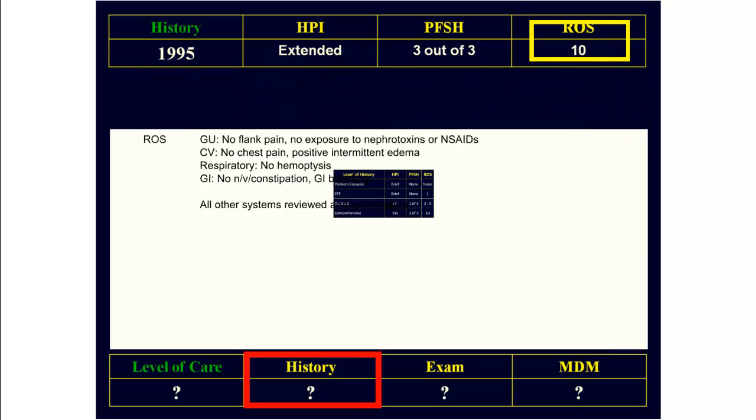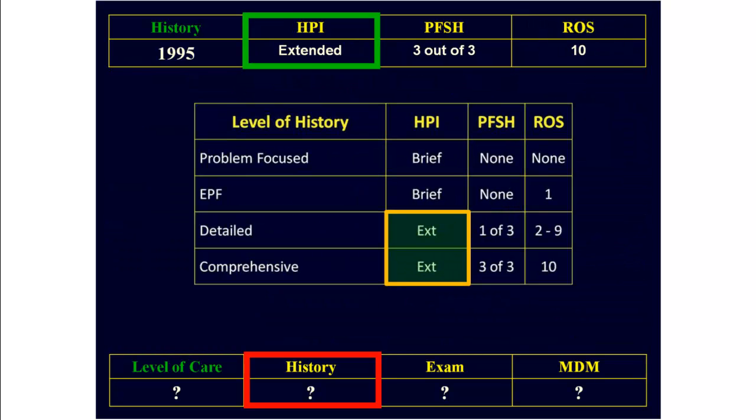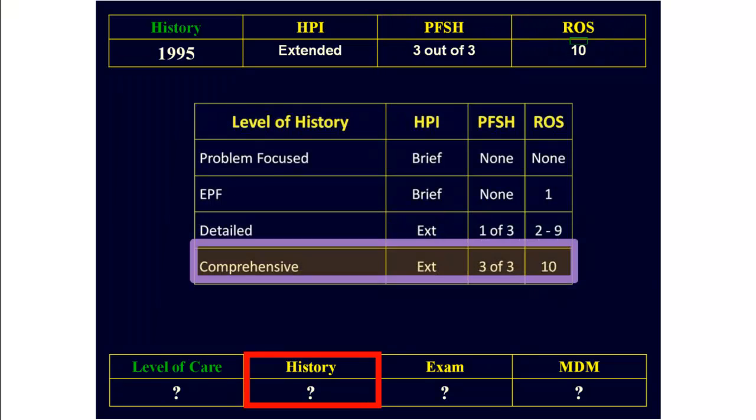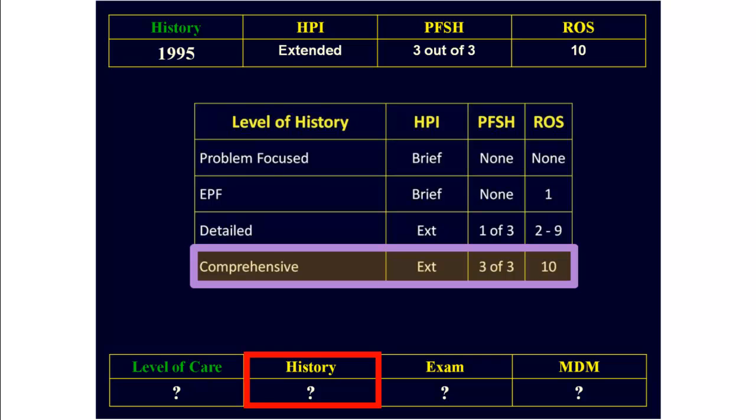Putting it all together for the history, here we have an extended HPI, 3 out of 3 components of PFSH, and a complete ROS. This adds up to a comprehensive history, so now the first key component is known. The next step is to check the physical exam.